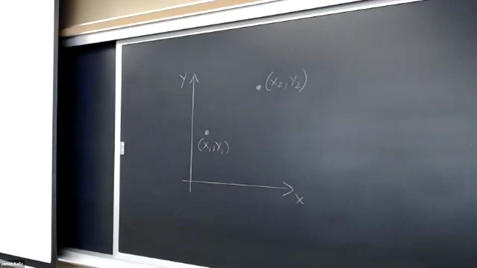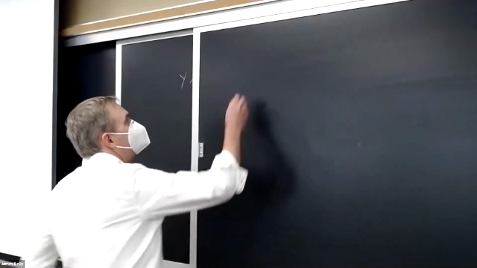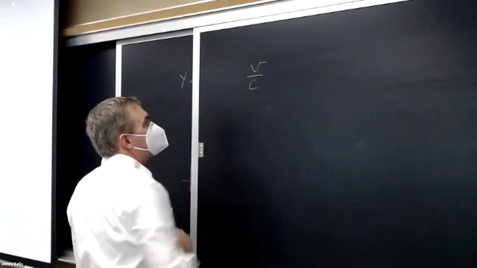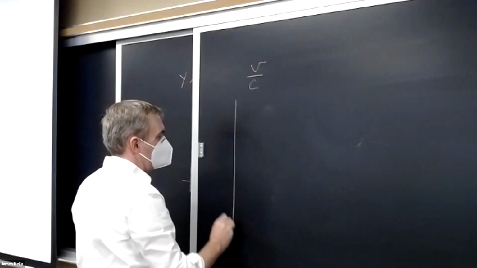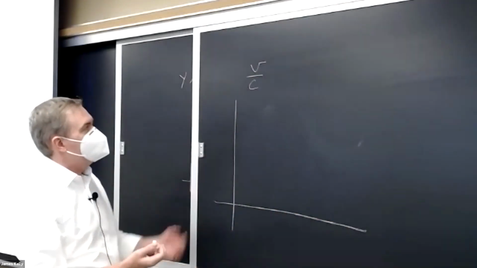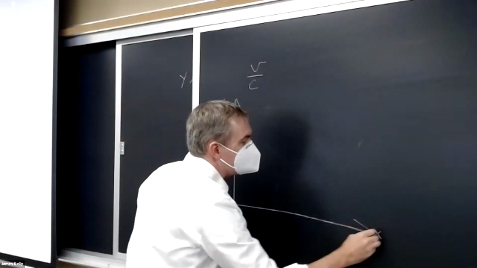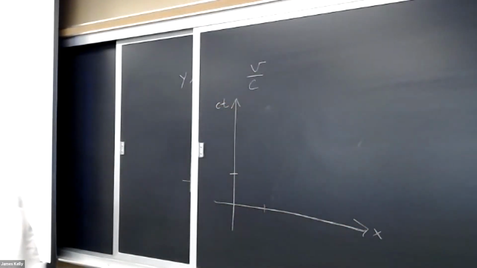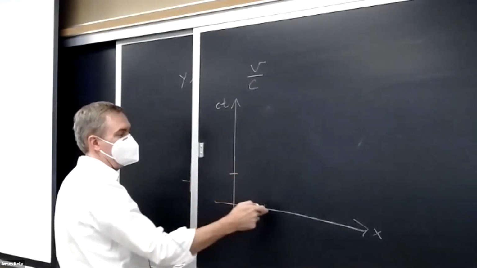Maybe I should make a comment about this. If something is moving at speed v over c, and I'm imagining I'm sitting in the F frame, which has CT and X axes like this, of course, measured with equal spacing. So this is 1 light second and 1 light second.